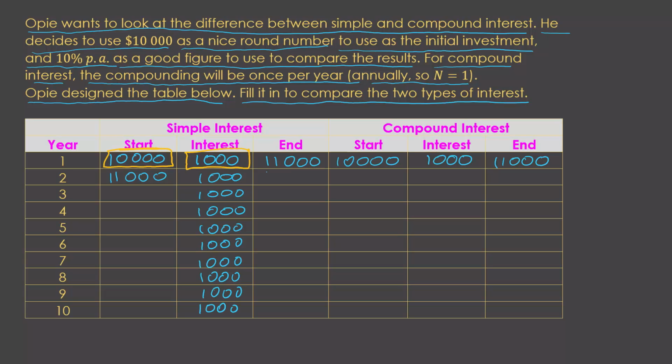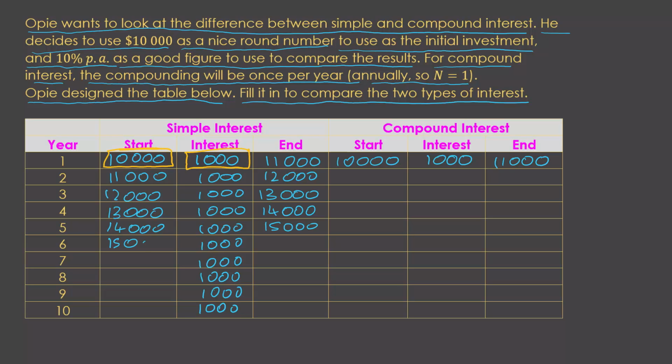And then it's very simple to see what's going to happen. This will be 12,000. We'll start with 12,000 here and end up with 13,000. This will start with 13,000 and we'll get 14,000. Then we'll start with 14,000 and we'll get 15,000.